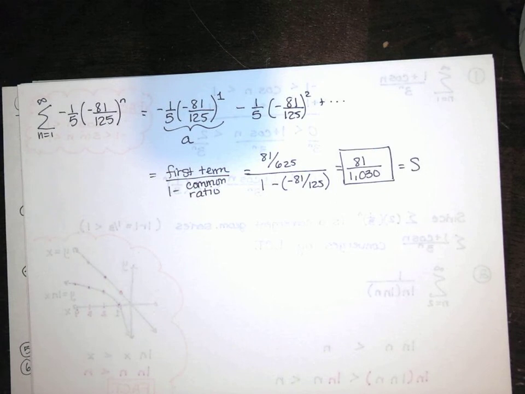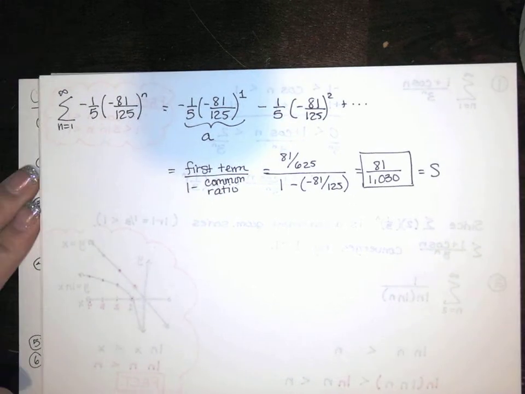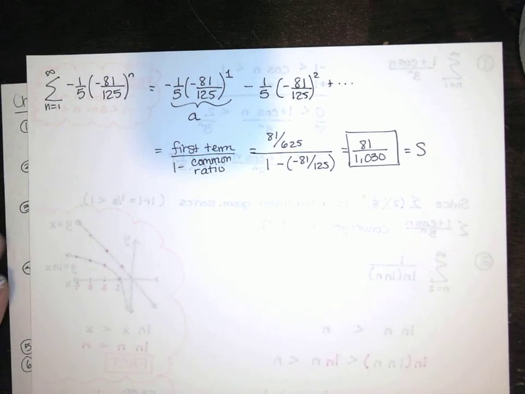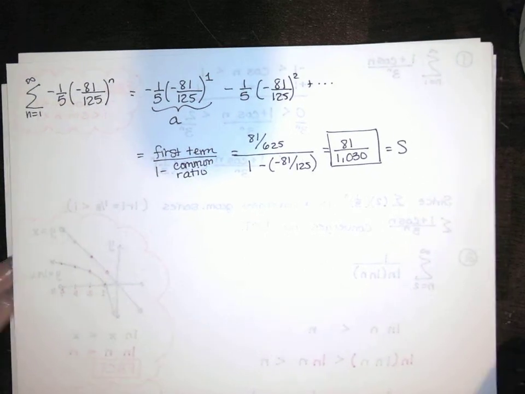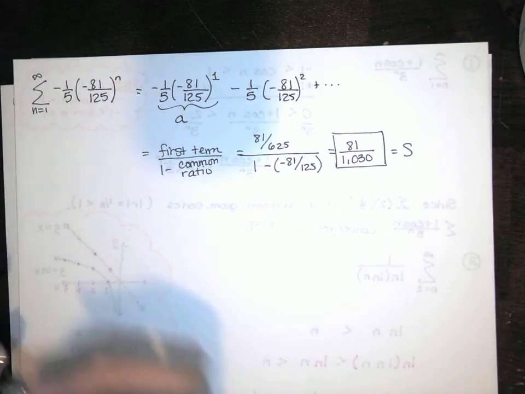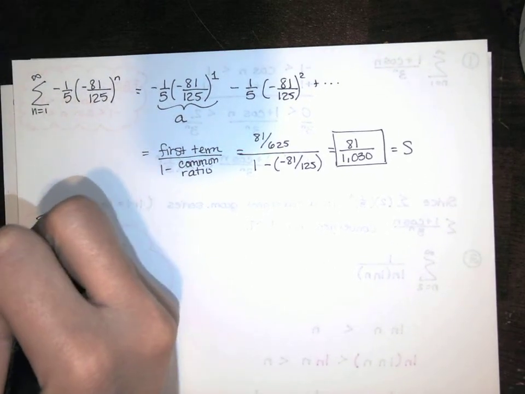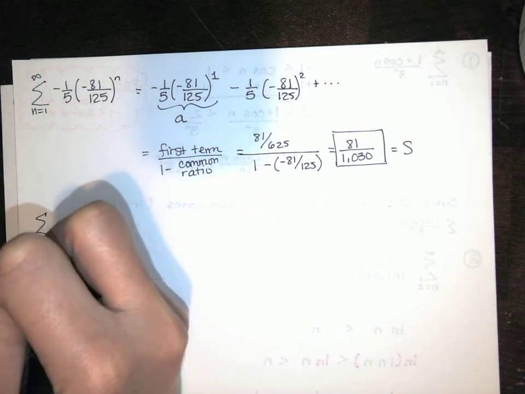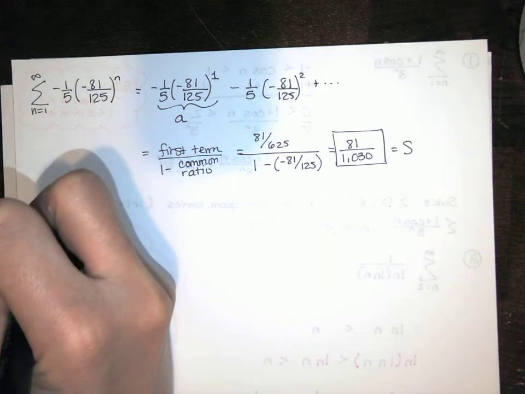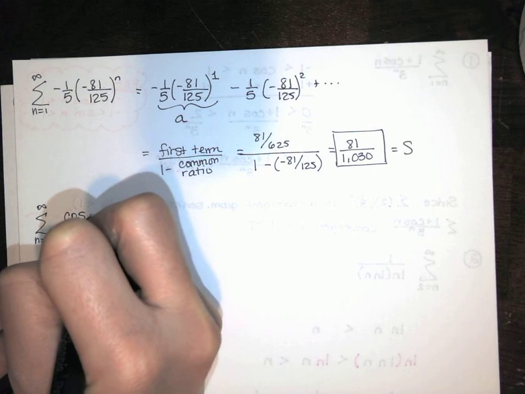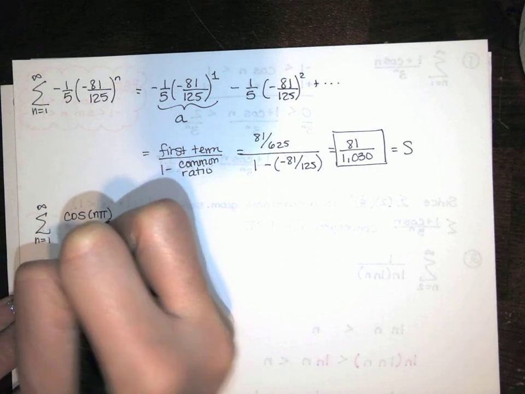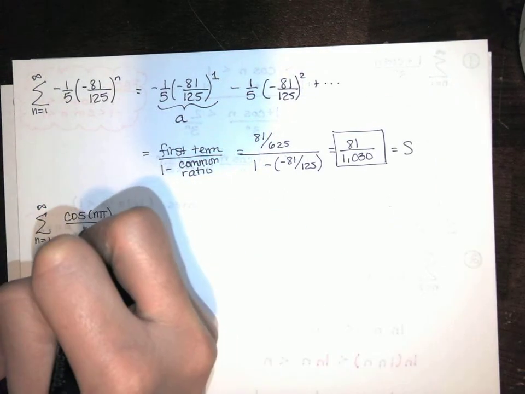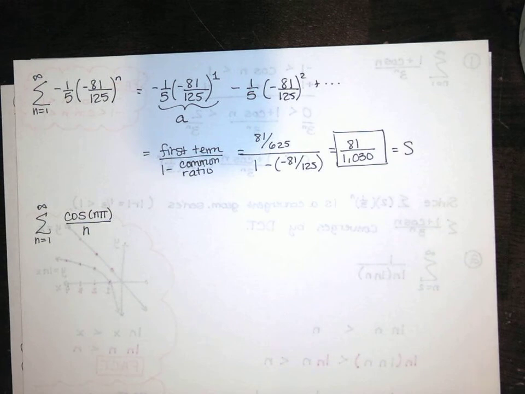Okay. Or that's what the sequence of partial sums approach is, if we want to be more precise. Okay. Now in this next one, you might think this is a hard one, but it's actually an alternating series.